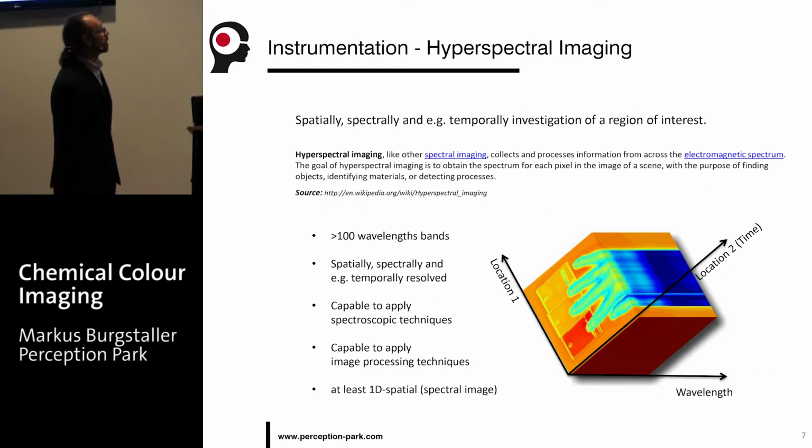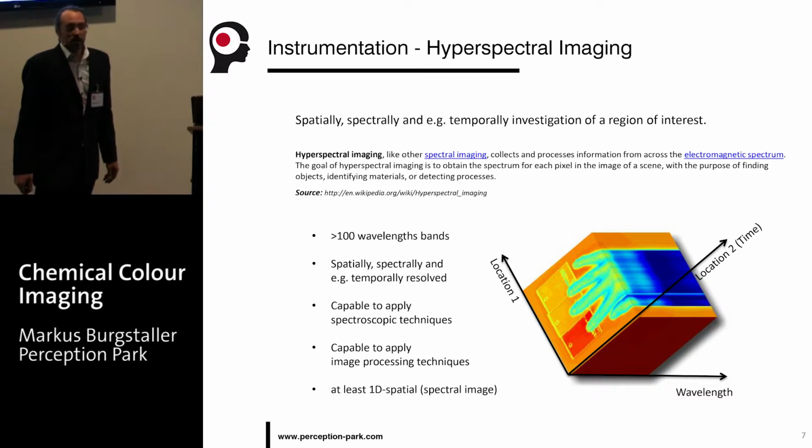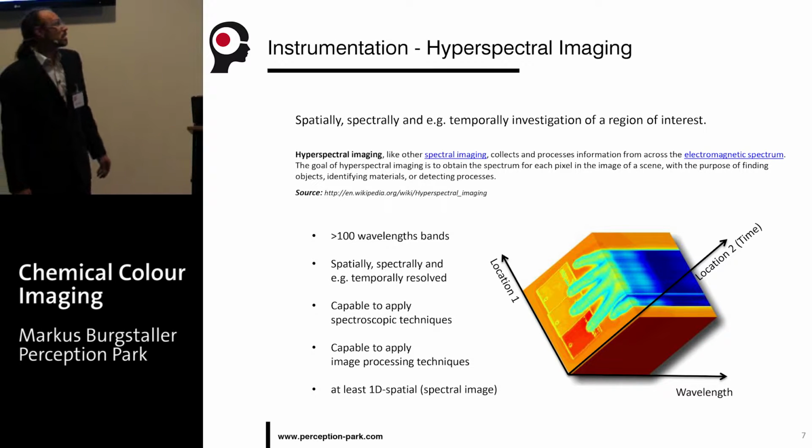Hyperspectral imaging in general allows us to get spatially resolved spectral information. It depends, of course, on the instrumentation technology. Standard is a line scan technology. For one time point, we get the spatial domain, a line, and in addition, the spectral information.